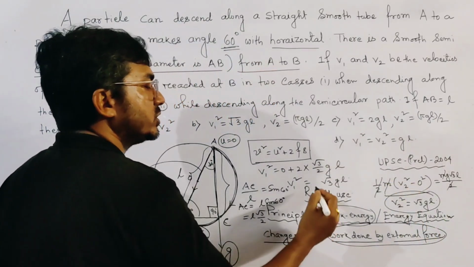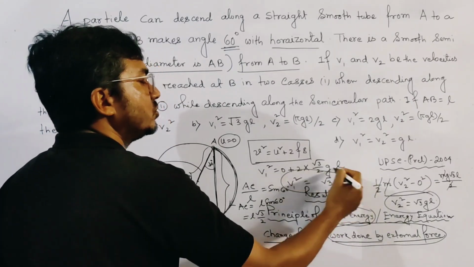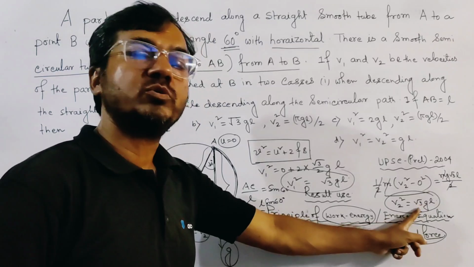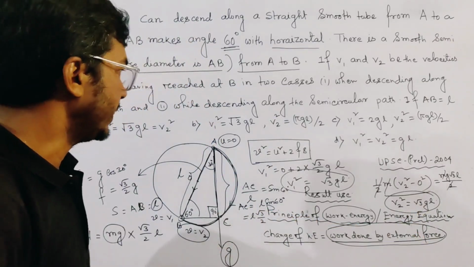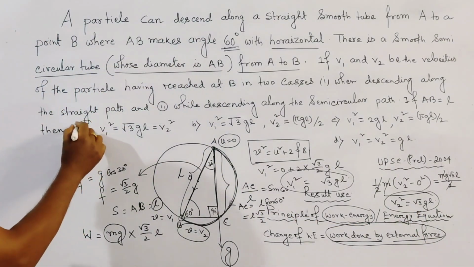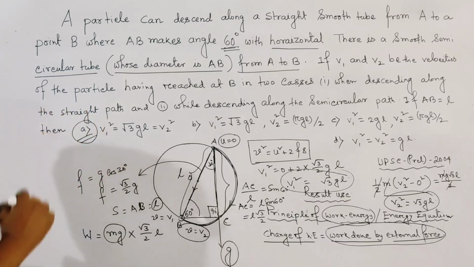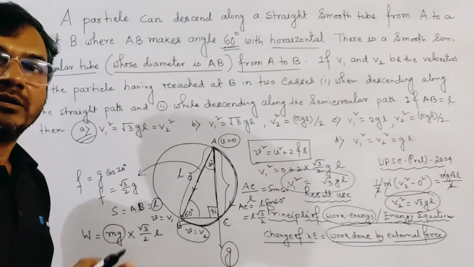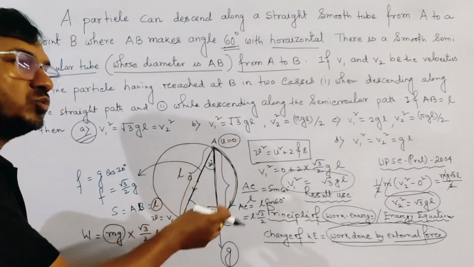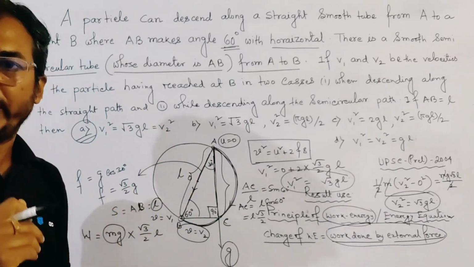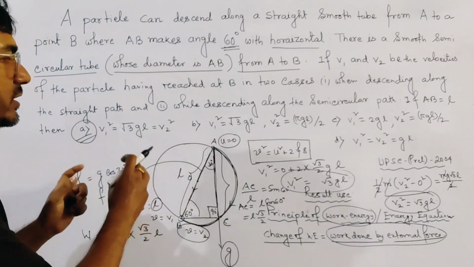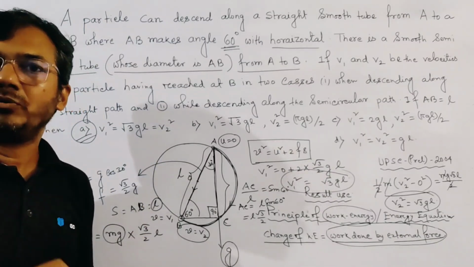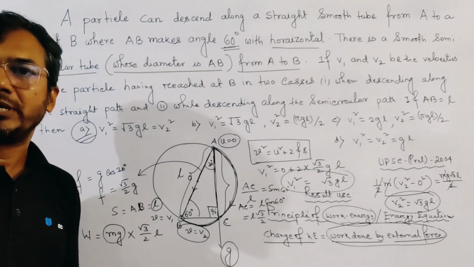So we get two results: V1 square is equal to root 3 into gL, and V2 square is also root 3 into gL. So we see that option A is the correct one. Very interesting problem. We consider the motion in two ways, and we have to find the velocity. Thank you and keep watching Math A to Z.